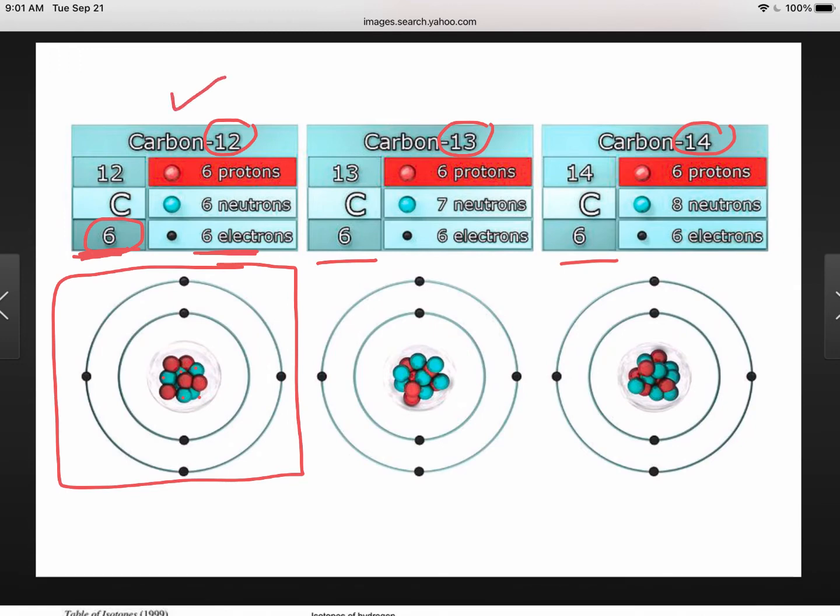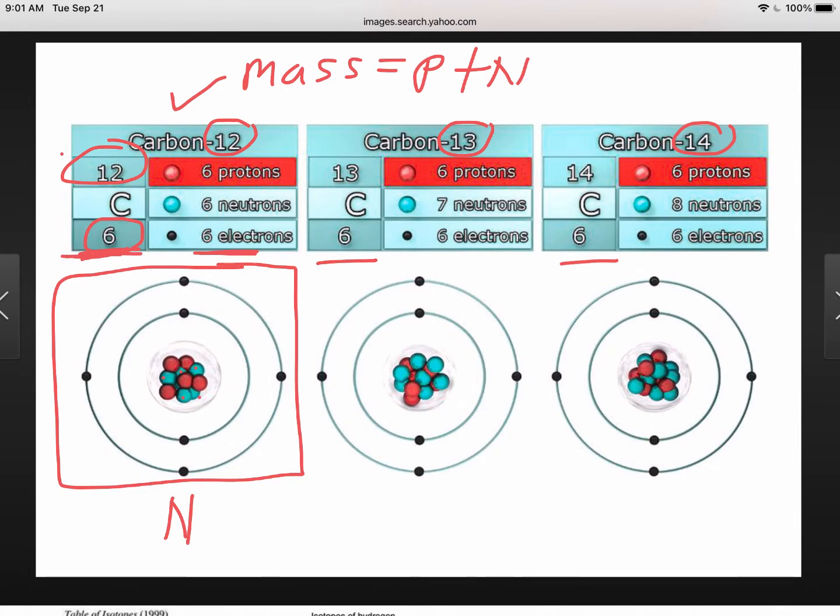Now here, let's go ahead and find the neutrons. Because my mass is 12, remember that mass equals protons plus neutrons. And because my mass is 12, and my protons are 6, how many neutrons do I have?